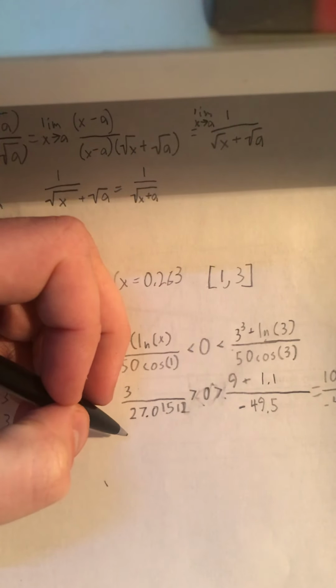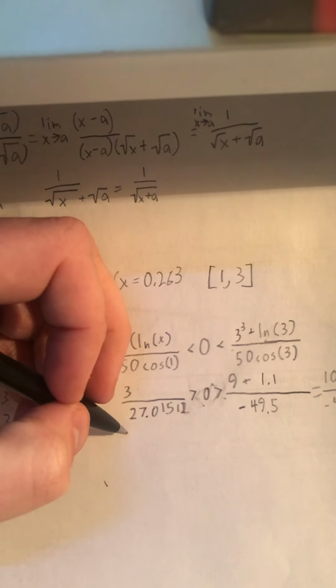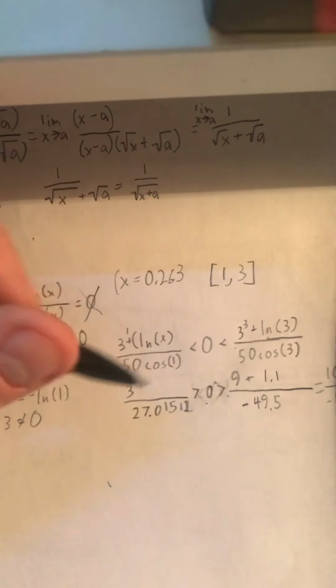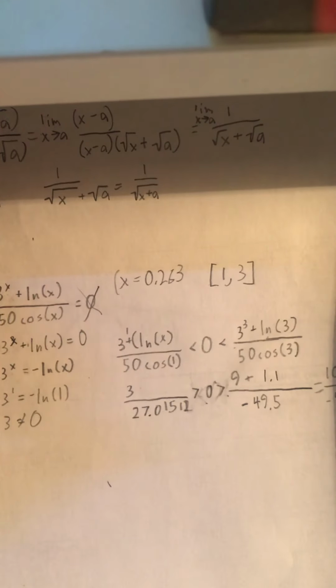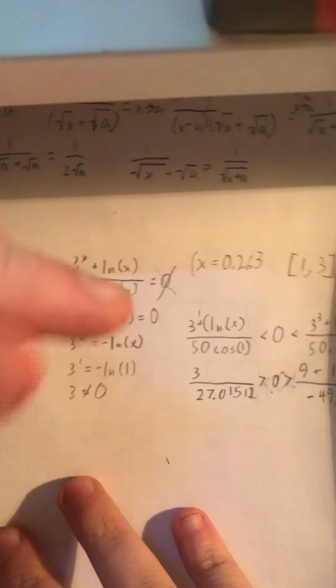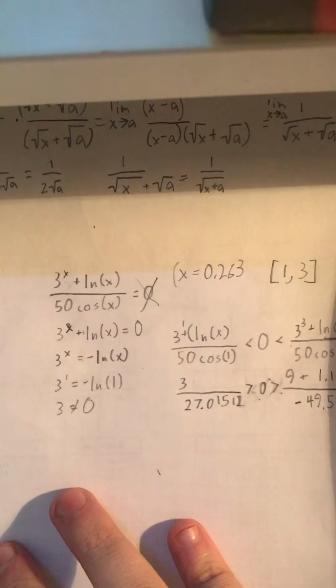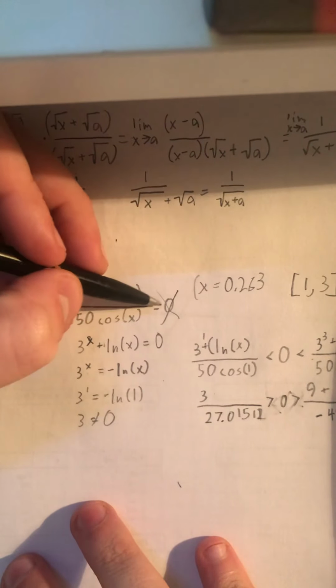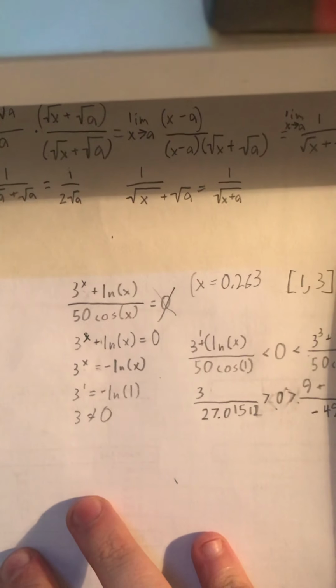Well, that's definitely true. It does fall somewhere between 0 and 1 and 3, according to the IVT. But that's assuming that we're ignoring f of x equals 0, rather.